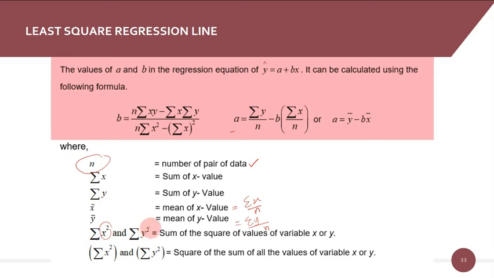The same goes for y. Find all y squared and then total up everything. You also have the square of the sum, which means the sum of all the values of variable x or y is squared.